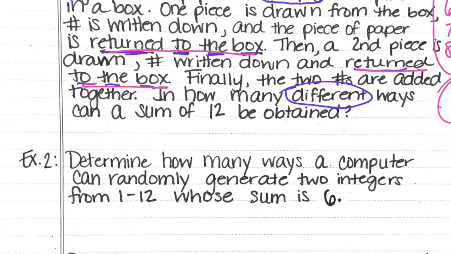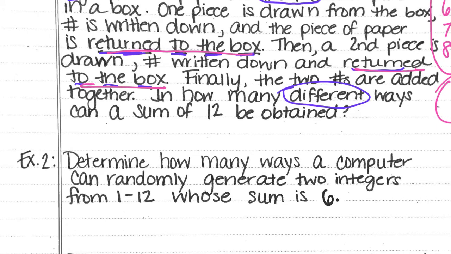All right, let's look at number 2. Determine how many ways a computer can randomly generate 2 integers from 1 to 12 whose sum is 6. So we have to do the same thing. Now we have numbers 1 through 12, and I have to find a sum of 6. So 1 plus 5 will give me a sum of 6. And this is a computer. It doesn't talk about papers going back in.